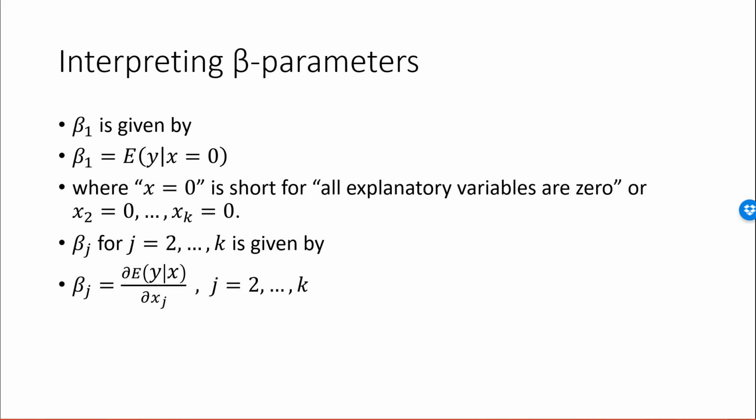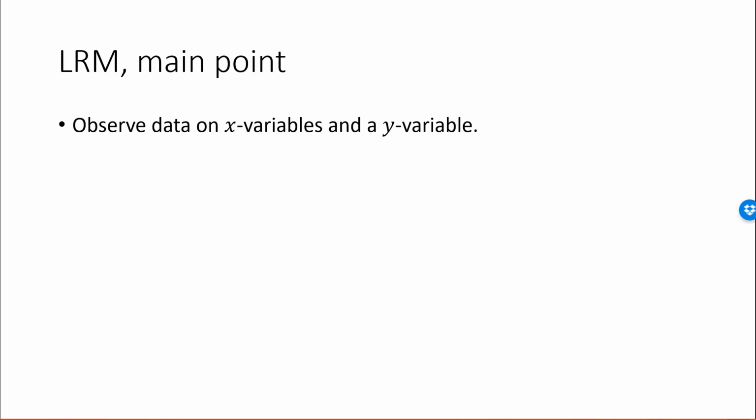So the main points for the LRM in the case with several explanatory variables are pretty much the same as the case with one explanatory variable. We observe data on now several x variables and one dependent y variable. We make the LRM assumption, and it is an assumption that sometimes needs to be challenged. We'll talk about that more later on.